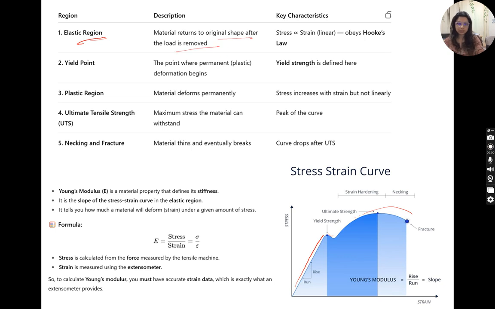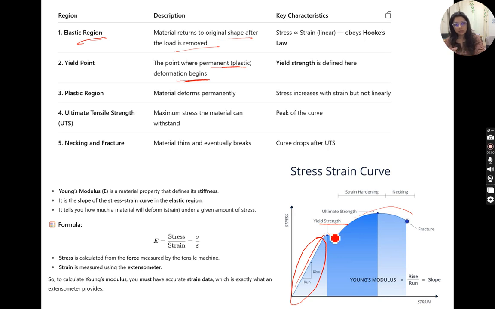Whenever the yield point is reached, permanent plastic deformation begins, so the elasticity diminishes at this point and the plastic deformation starts.